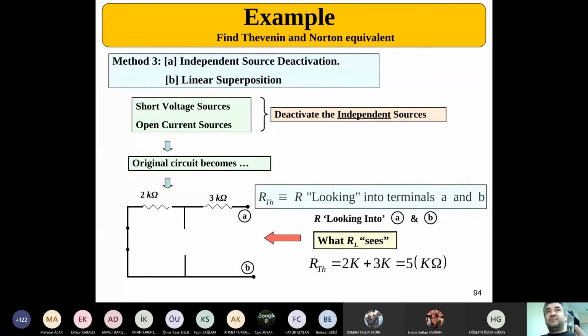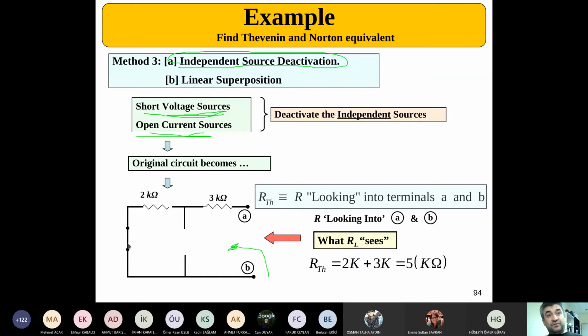The equivalent resistance of the circuitry can be found using this independent source deactivation technique. That is, we will short circuit the voltage sources and open circuit the current sources, and look from the terminals back in and calculate the equivalent resistance.